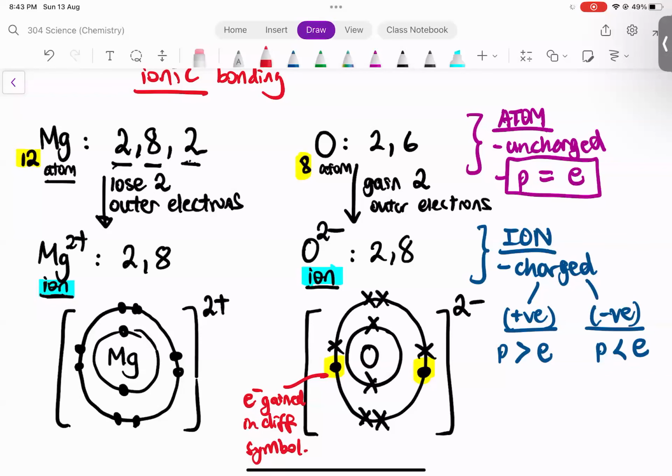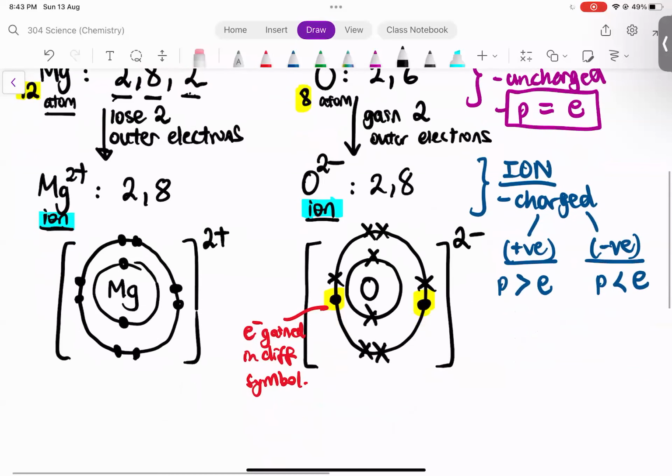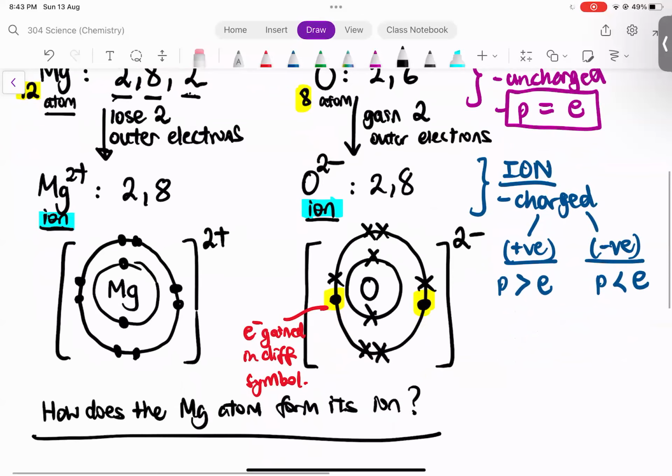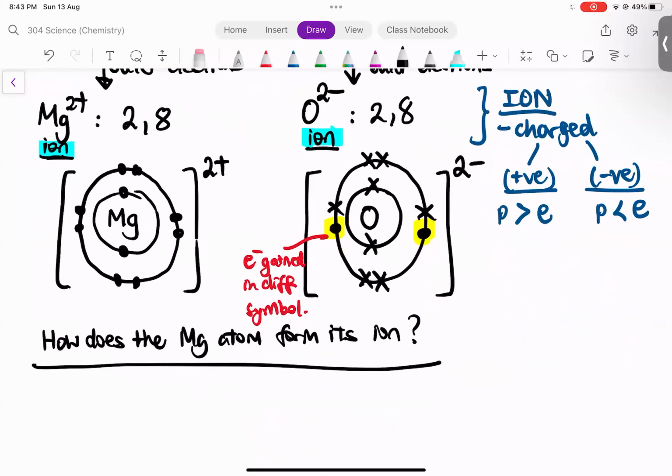Now, another commonly asked question at N level is, how does the magnesium atom form its ion? This is a commonly asked question that you have encountered in your TYS. Explain or describe how an atom forms its ion. In this case, let's use magnesium as an example.